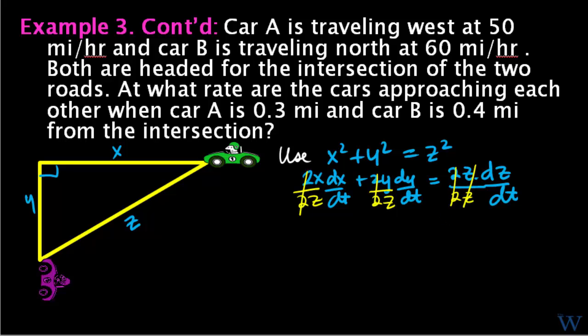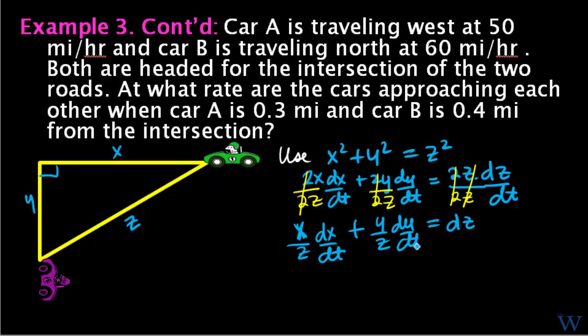So now we see that dz by dt is equal to y over z, dy by dt, plus x over z, dx by dt.